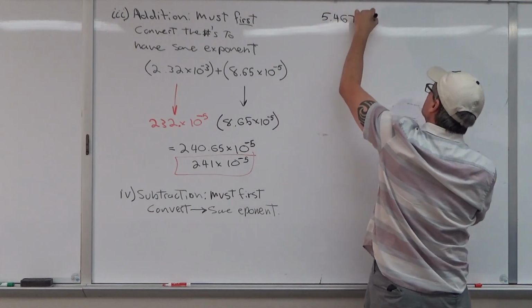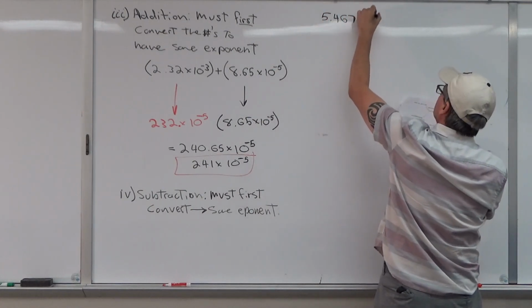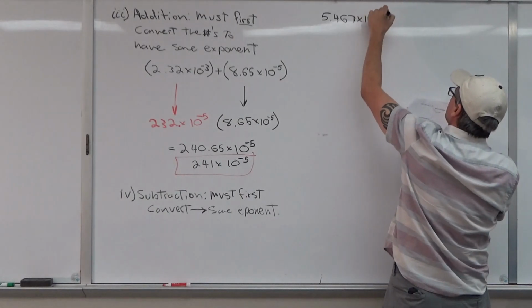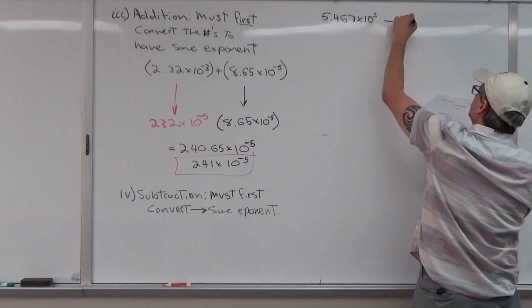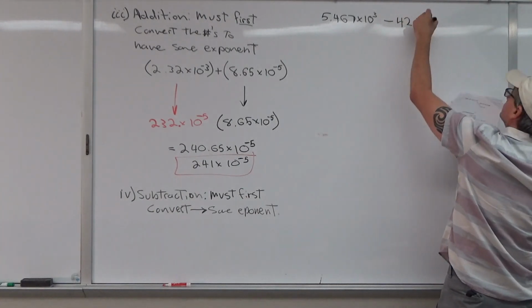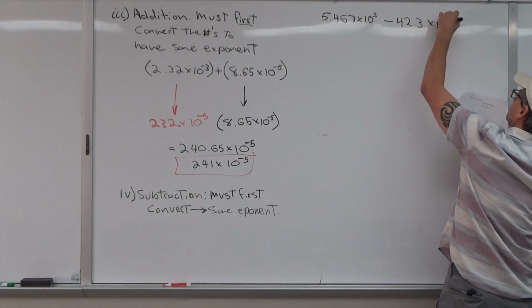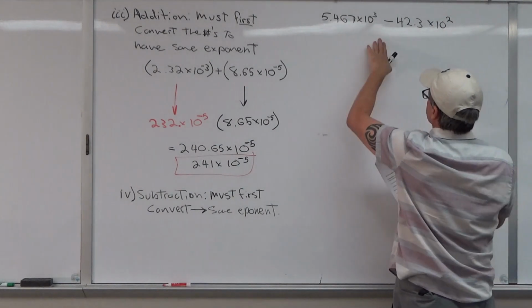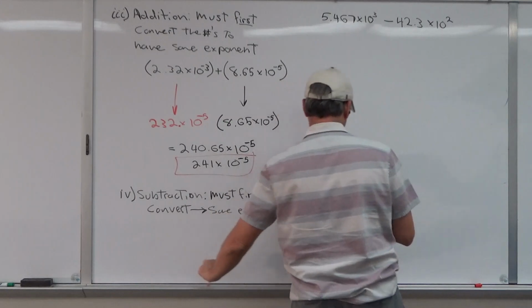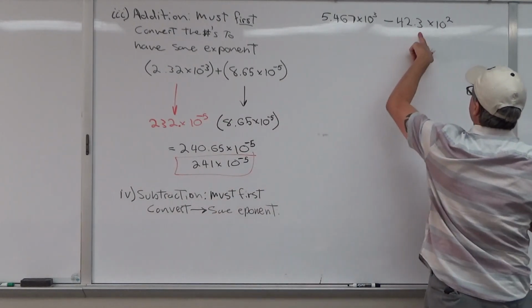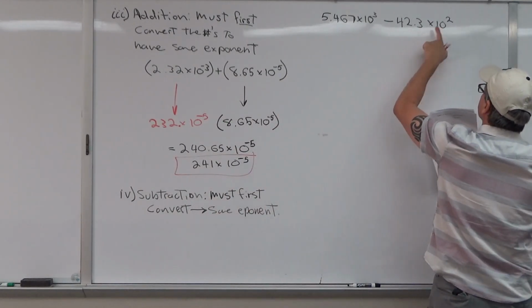5.467 times 10 to the 3 minus 4.23 times 10 to the 2. You can convert either of those, but they need to be the same. So I'm going to convert this guy to 10 to the 3.